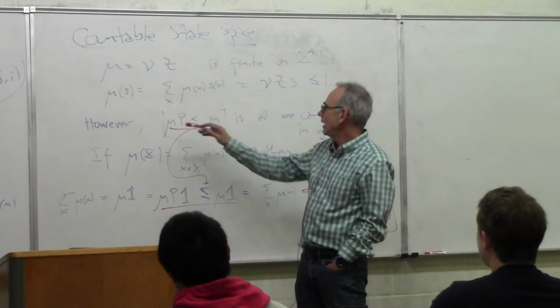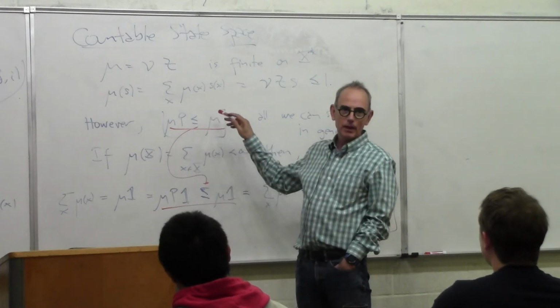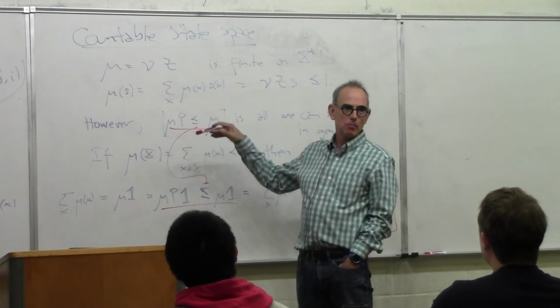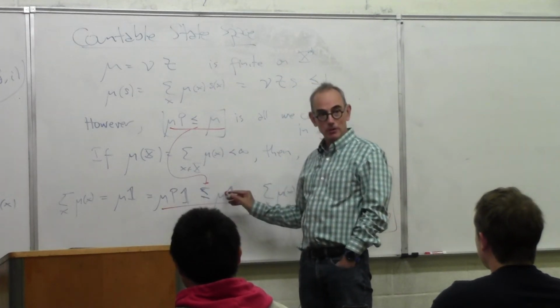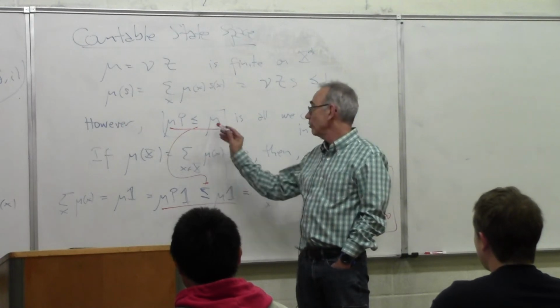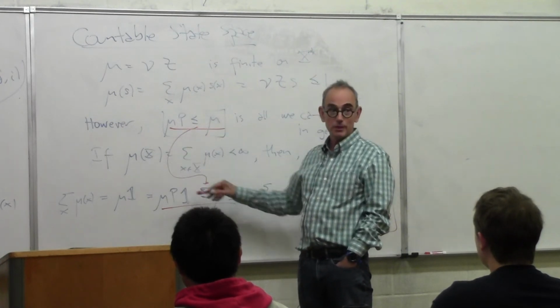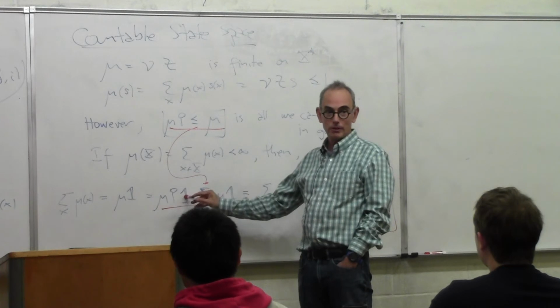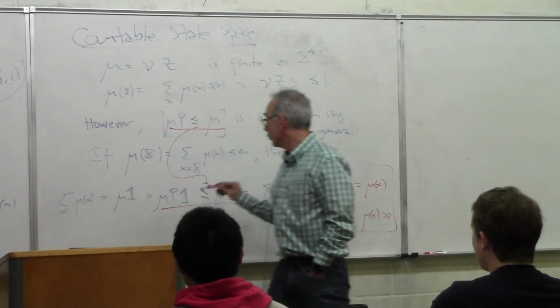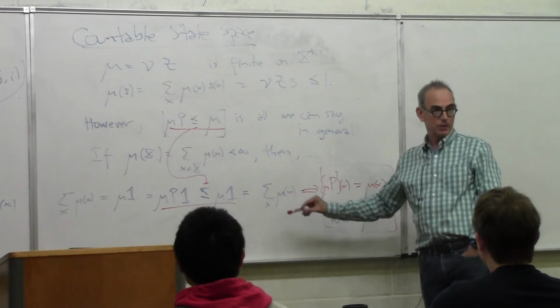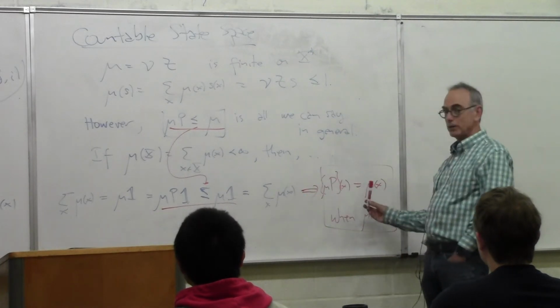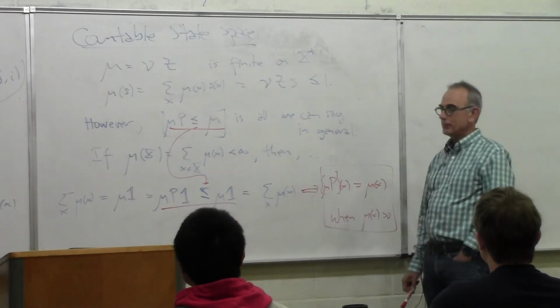So then I sum both sides, and one of those terms is really bigger than the other. So the sum would have to be bigger too. If one of those terms was strictly bigger than this, then I get a strict inequality here. But then I'd have this dot product is strictly less than itself. And that's a contradiction. And so that's where we have to have equality. They must be equal.